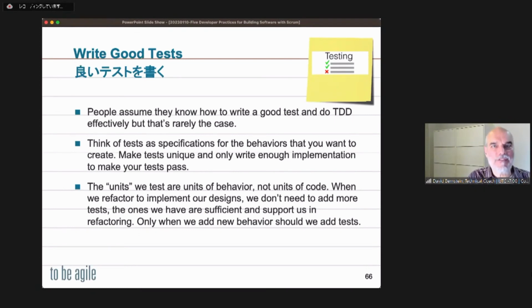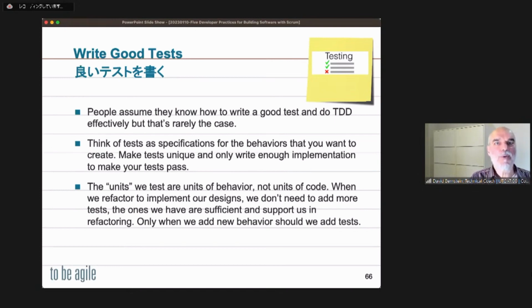It tests the behavior itself, not how we get the behavior, just the behavior itself. And that gives us the freedom to refactor, to change how we implement the behavior without breaking the test. This is when TDD supports us in making last-minute changes to our code. This is the dream of Agile software development.